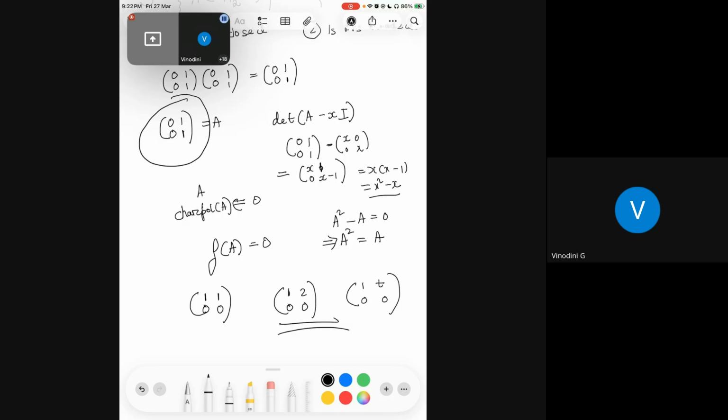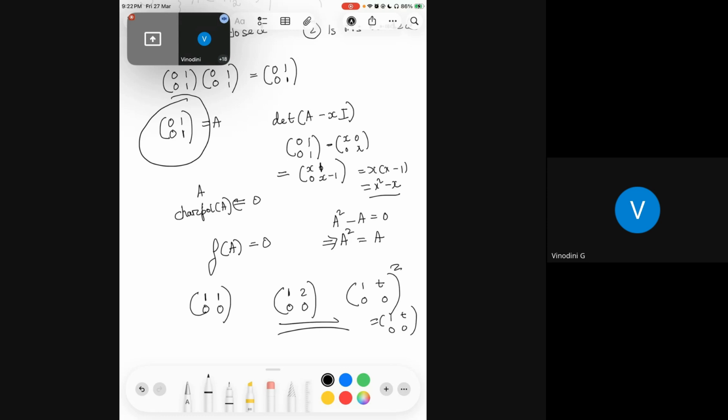It means it satisfies this condition, that this square is equal to itself. Did you get the question?